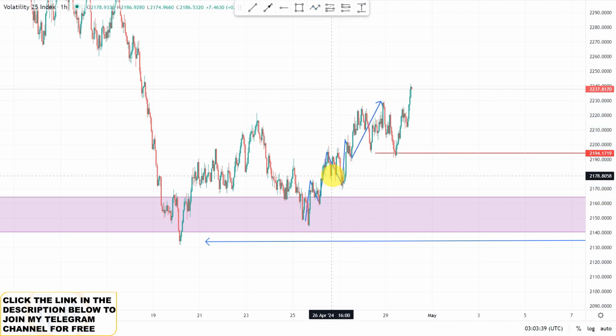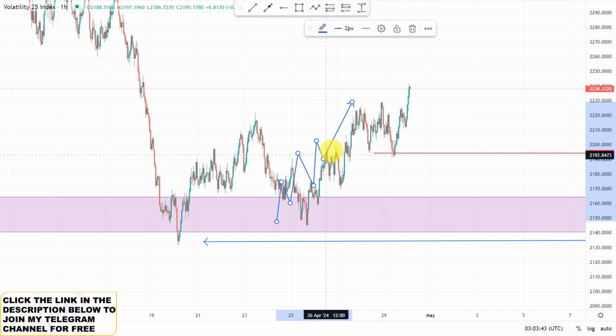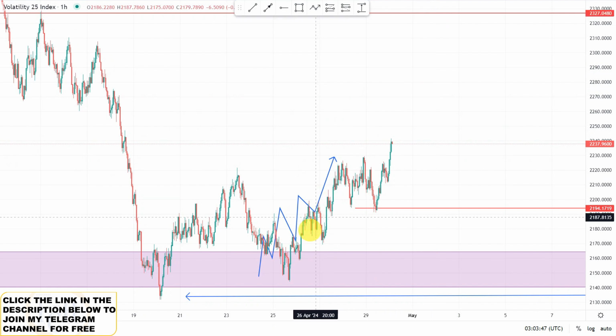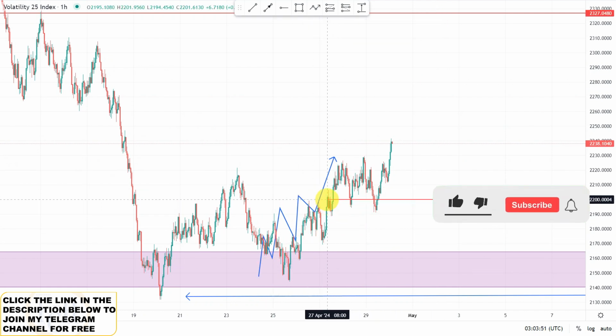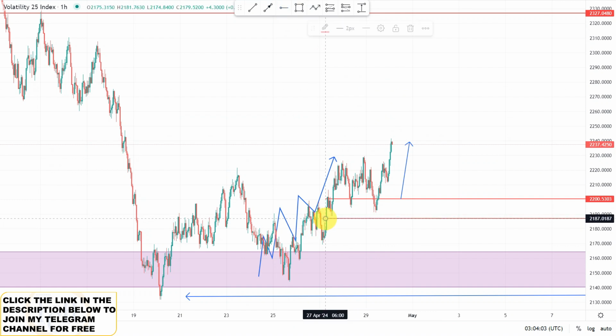So we know that if this market were to continue to reach this point, it has to move this way. And the moment the market came to retest this level, the market respected our decision and went all the way to this point, with our stop loss just minimally below this level.